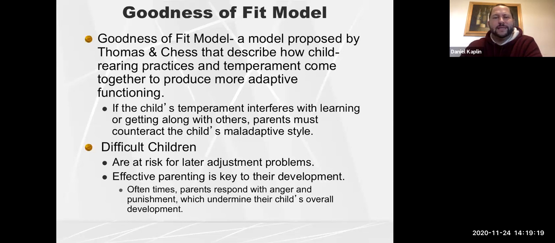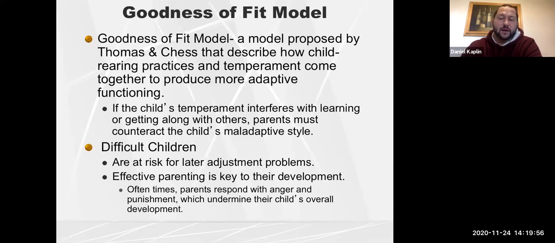Now, the goodness of fit model, proposed by Thomas and Chess, describes how one's parenting practices and temperament come together in an adaptive way, right? Let's take difficult children, for example. Difficult children tend to be at a greater risk for adjustment problems, so it's absolutely essential that you show supportive or effective parenting.